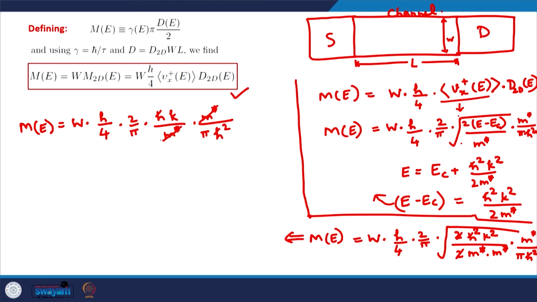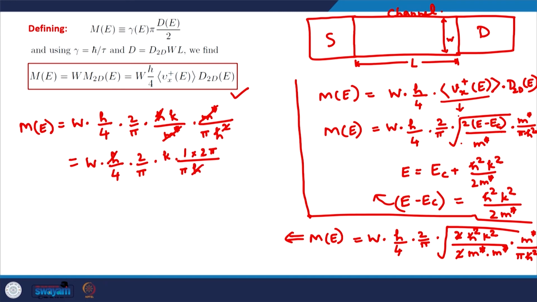M star and m star go away, and finally what we have is W times h by 4 times 2 by pi into K into 1 by pi, and h bar can be written as h by 2 pi.